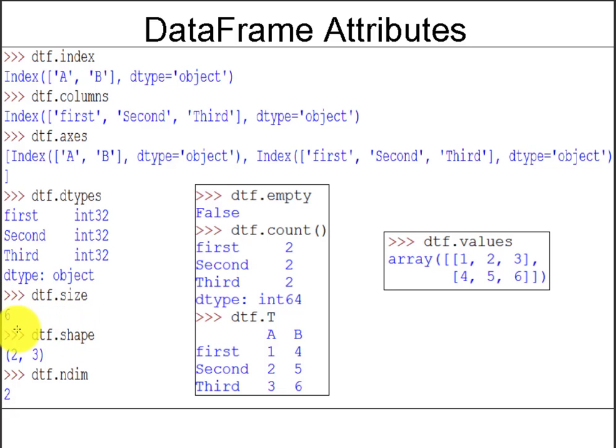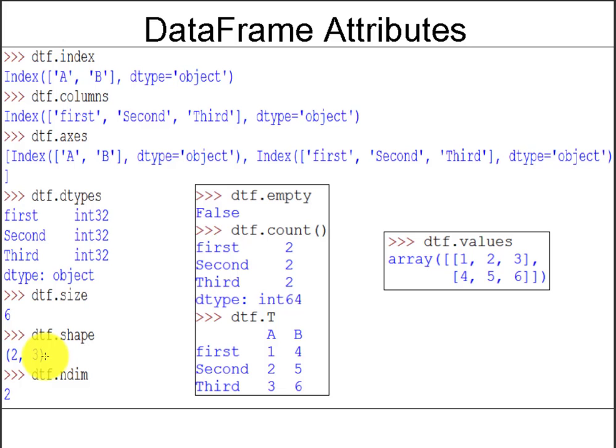If you want to check the shape of your data frame, with the help of the shape attribute, first write DTF dot shape. This command will return the shape, 2 comma 3. This is 2 rows and 3 columns.